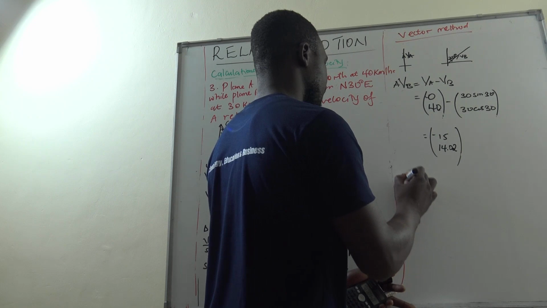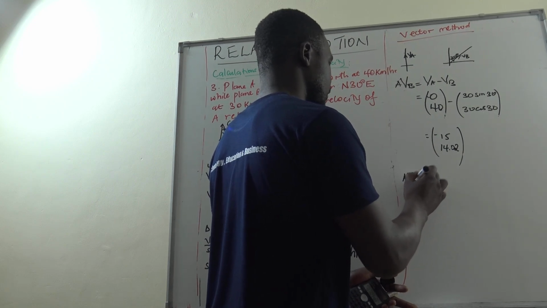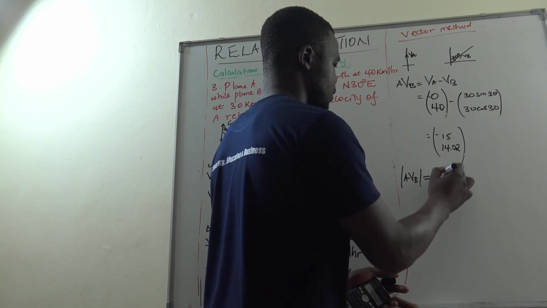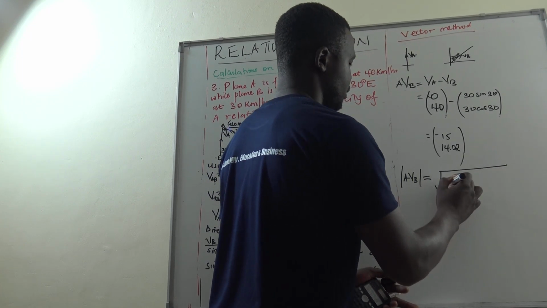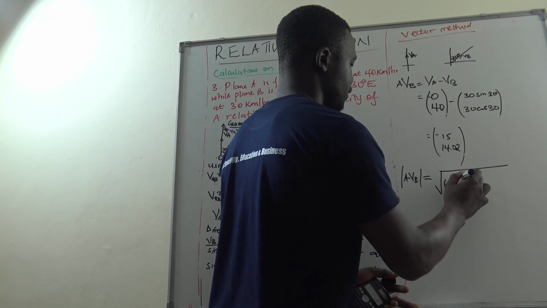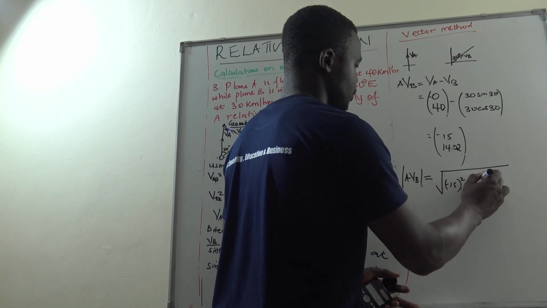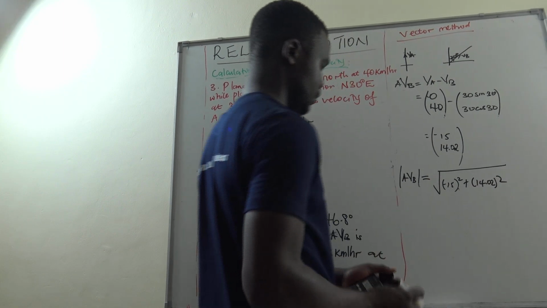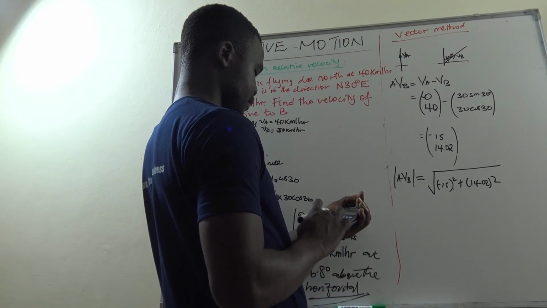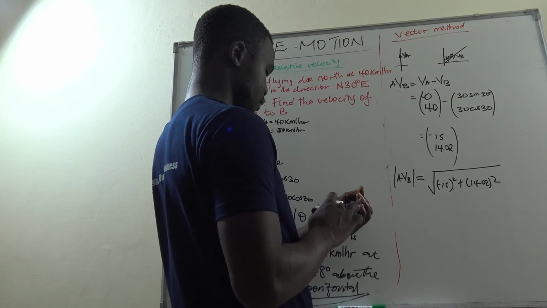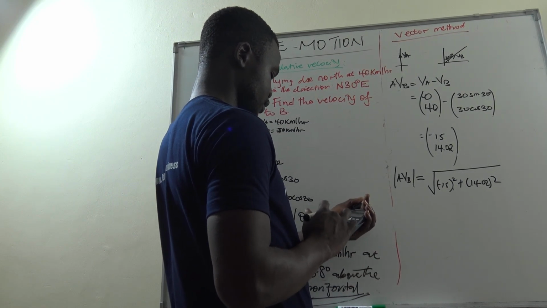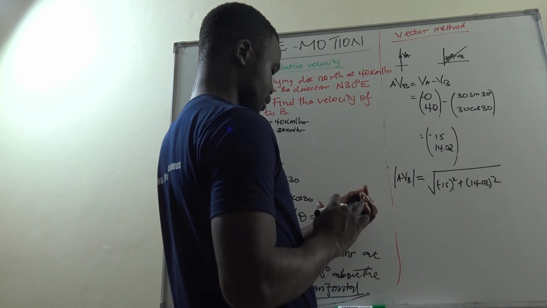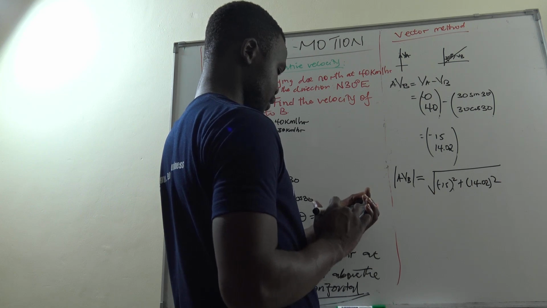Then 40 minus 30 cos 30 gives 14.02. To get the resultant velocity, we get the magnitude: negative 15 squared plus 14.02 squared, then the root of the answer.